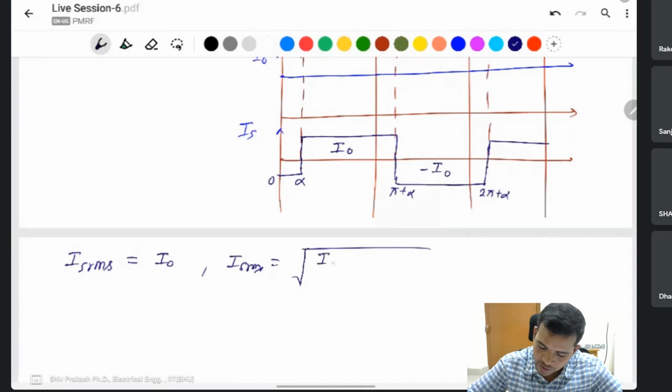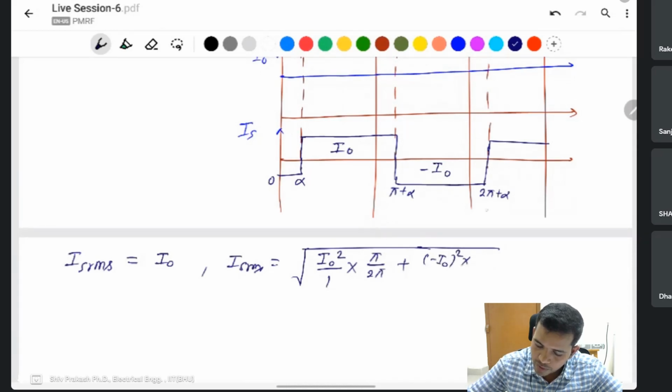You square it, divide by the total time period, where the signal is present. That is pi plus alpha minus alpha, which is pi, divided by the total time period 2 pi, times I naught square.